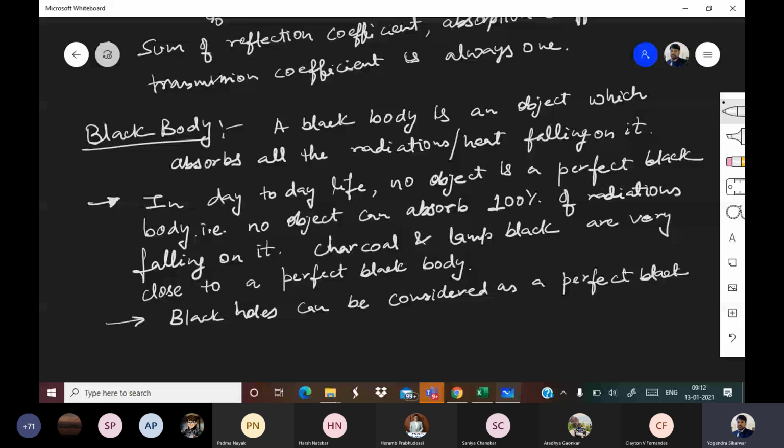But the problem is you don't find them in day-to-day life. So black holes can be considered as a perfect black body.